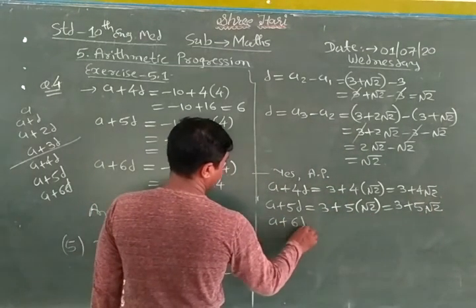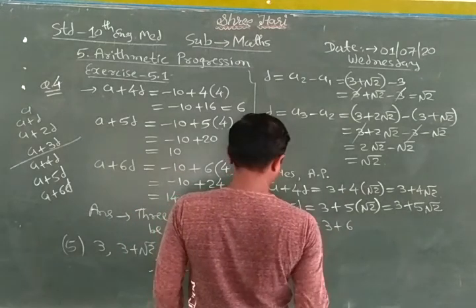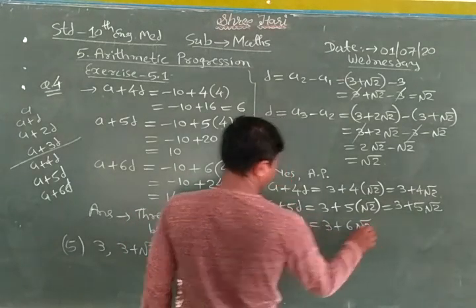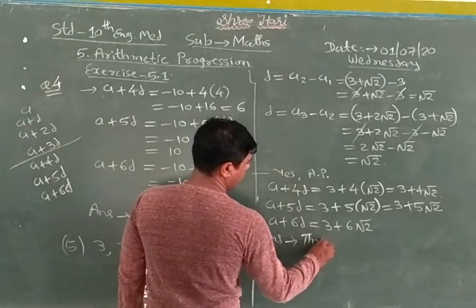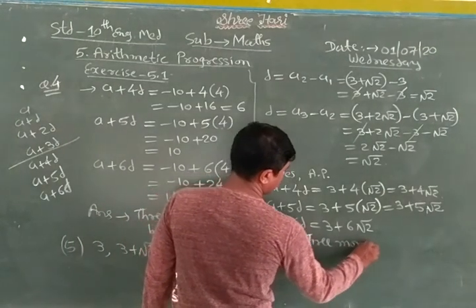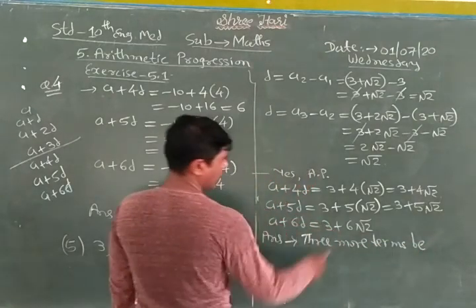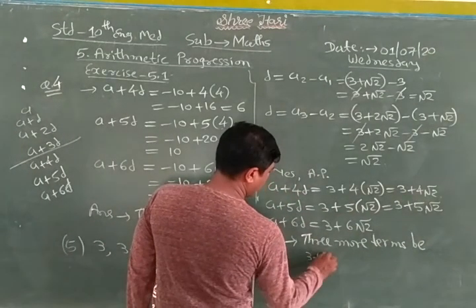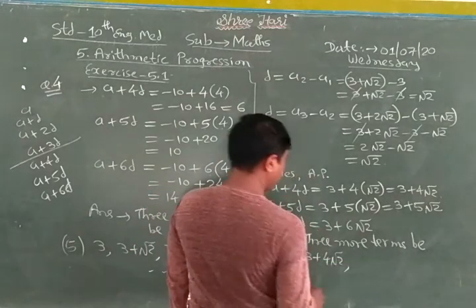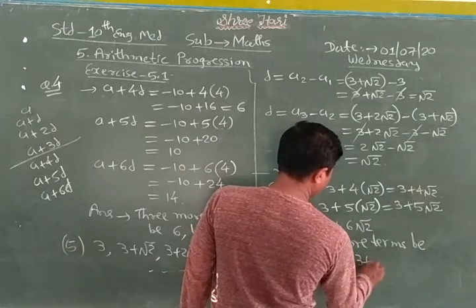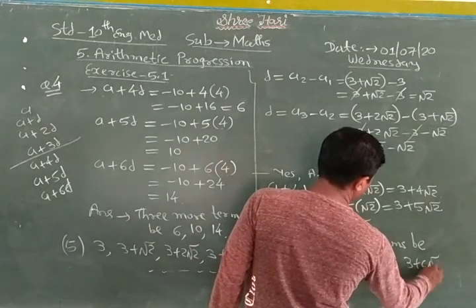A plus 6D, A value 3, 6, D value root 2. So the answer we write down, 3 more terms: 3 plus 4 root 2, okay, 3 plus 5 root 2, 3 plus 6 root 2, okay.